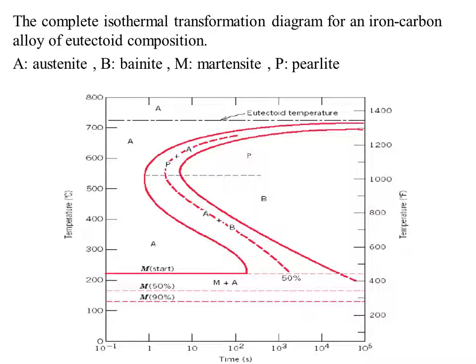So the martensite state starts at 220, then it increases with the reduction of temperature. This is the diagram which represents the transformation with temperature and time when a material is heated or cooled.